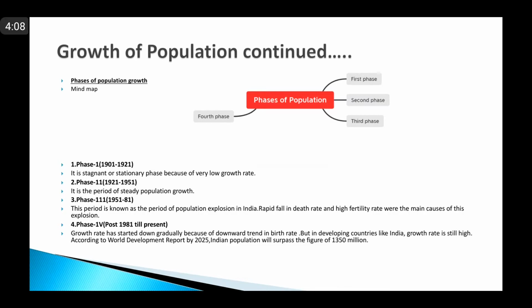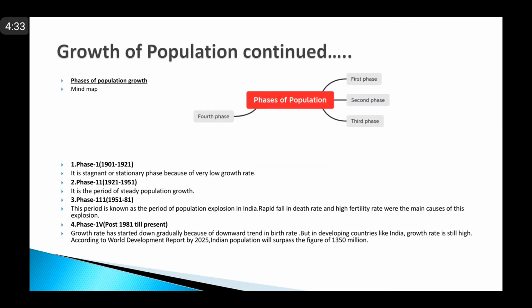There were good improvements in the health services, and epidemics like plague, malaria or cholera and others had been brought under control. With the improvement in means of transport, food in areas having food scarcity could easily be met.